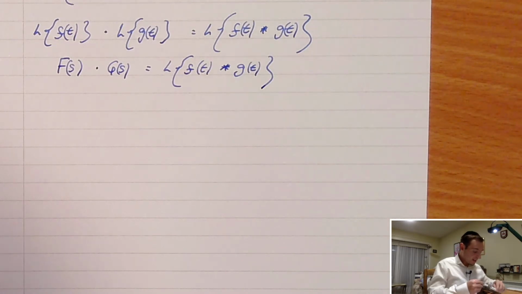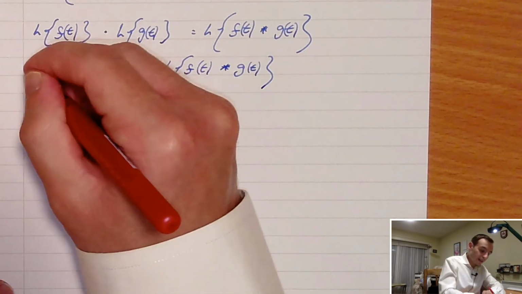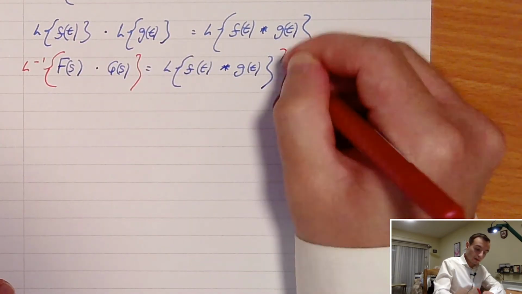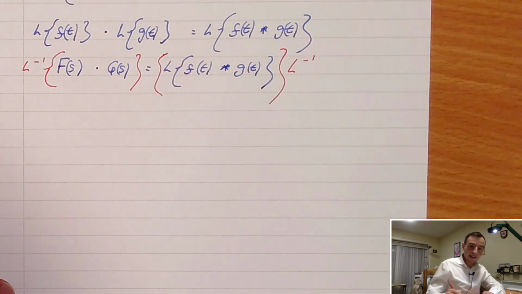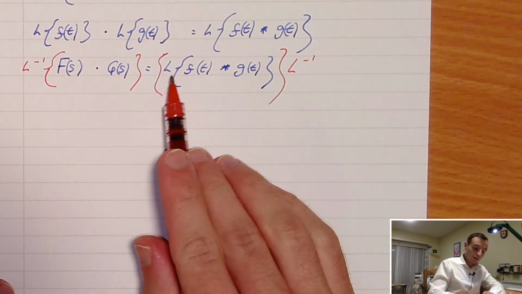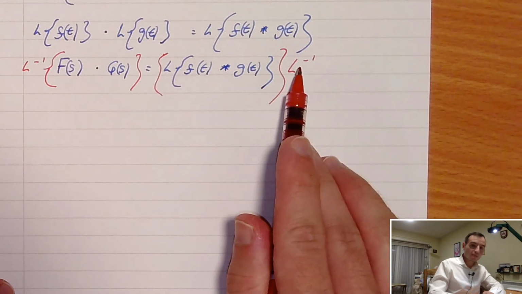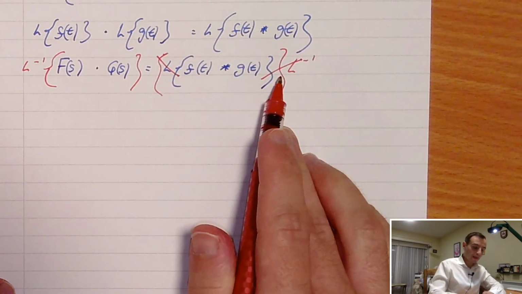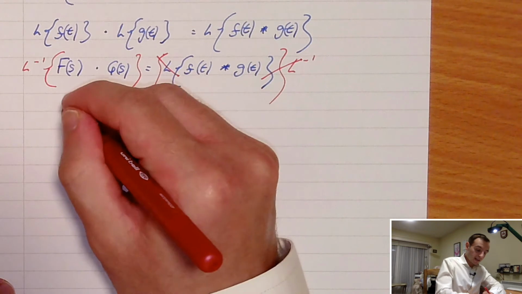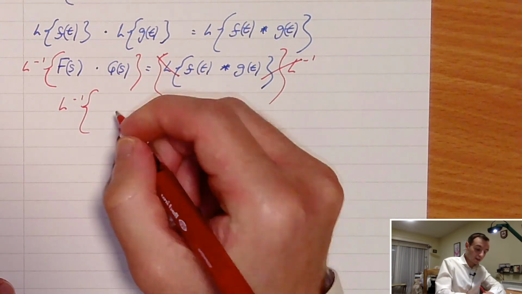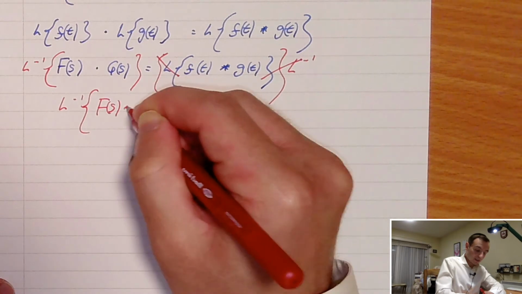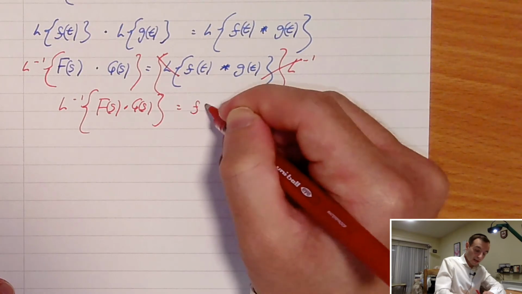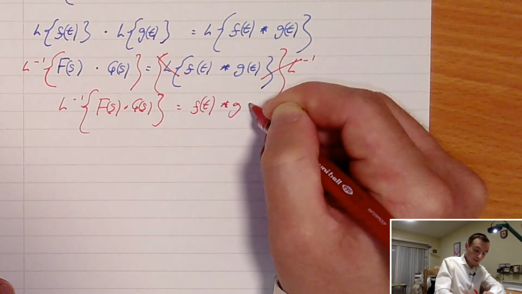Now, if we take the inverse Laplace transform of the left-hand side, we'll have to take the inverse Laplace transform of the right-hand side. Here we've got a forward Laplace operation and an inverse Laplace operation, so that will cancel all Laplace operations on the right-hand side. And we're left with saying that the inverse Laplace transform of F of s times G of s equals f of t convolved with g of t.